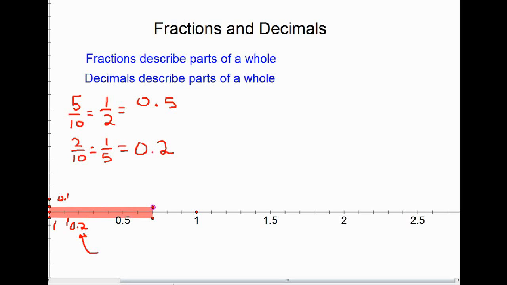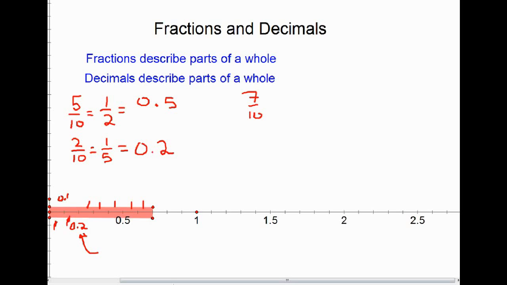Suppose I made my piece of the whole that big. Well, if we count the pieces there, there are 7 pieces out of those 10 pieces. So if we were going to write that as a fraction, that would be 7 out of 10. Because we've got our one piece here, our second section is there, then our third, fourth, our fifth section, sixth, and seventh.